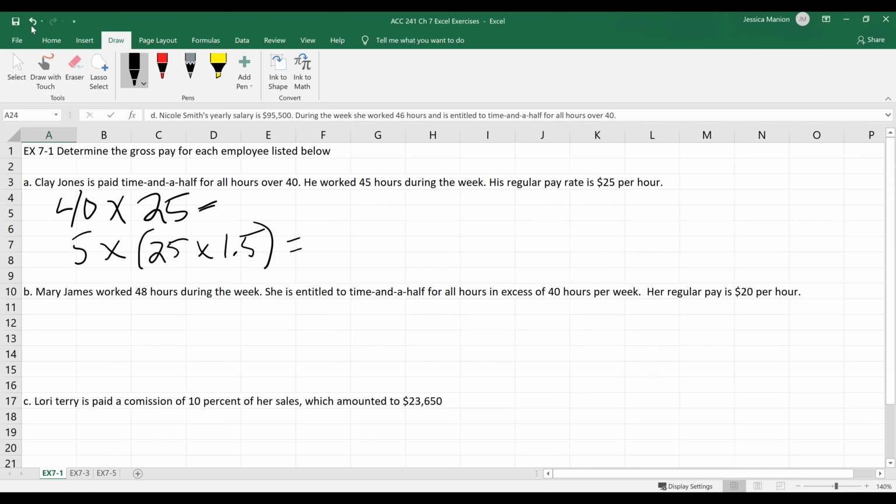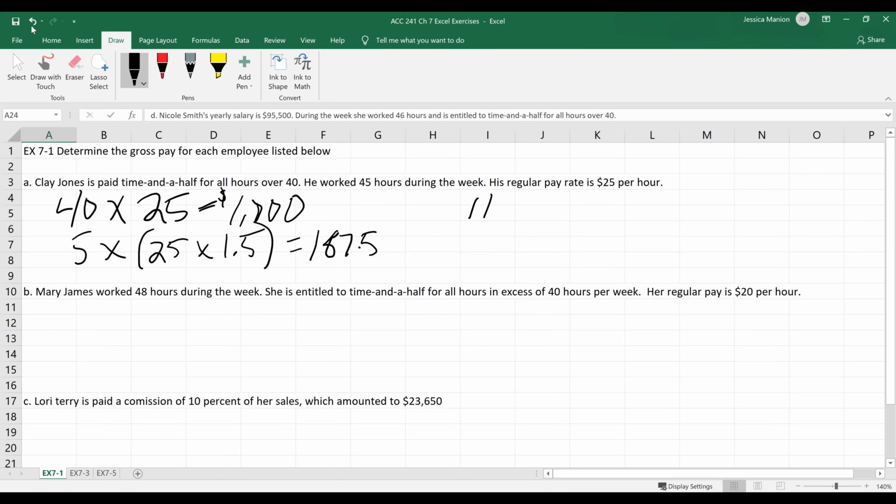So 40 times 25. So this is $1,000 regular pay. And then again, 25, that's his regular pay times 1.5. Overtime pay is $37.50 per hour times 5, 187.5.